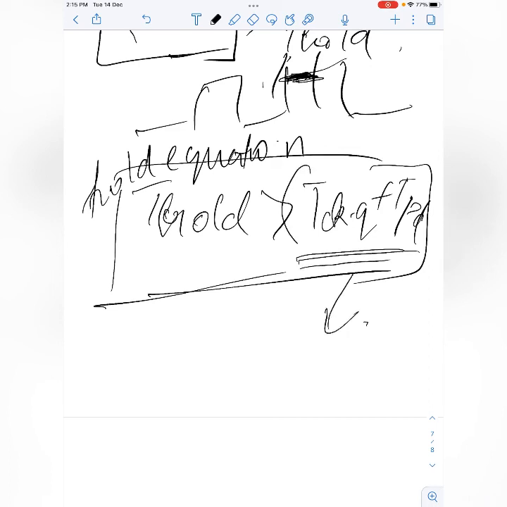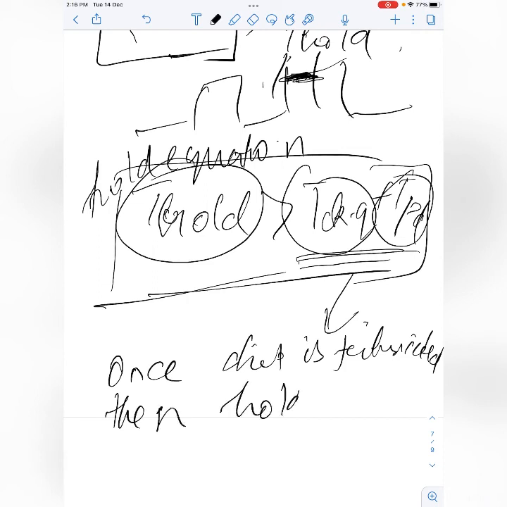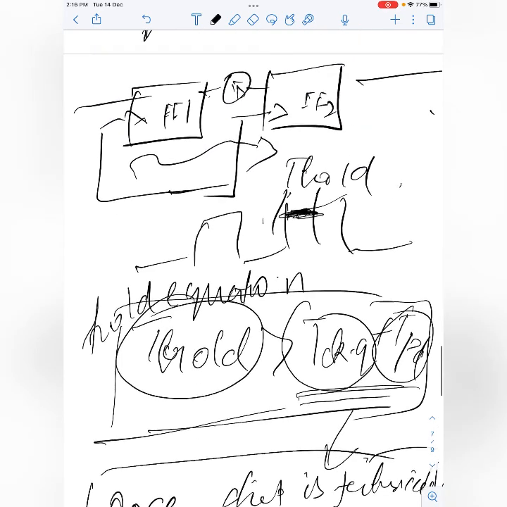Every value is fixed: clock to Q, PD, the hold of a flip-flop. So once the chip is fabricated and a hold violation occurs, we can't do much. So this is a very critical issue in setup and hold time, and you need to keep an eye on this.